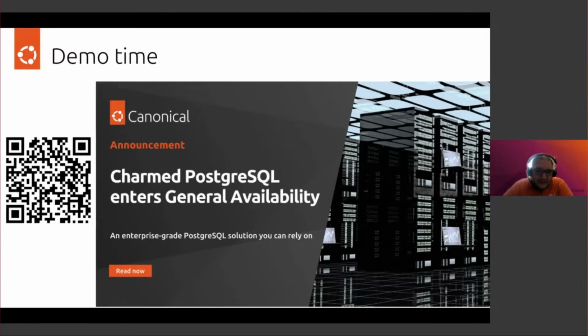And basically, what we are saying here is that we think that it's ready for most of the enterprise needs. Actually, Charmed Postgres is already used by several companies, but here we think that from a feature set perspective and from a supportability perspective, we should be able to meet most of the enterprise needs, that we will talk about in a bit.